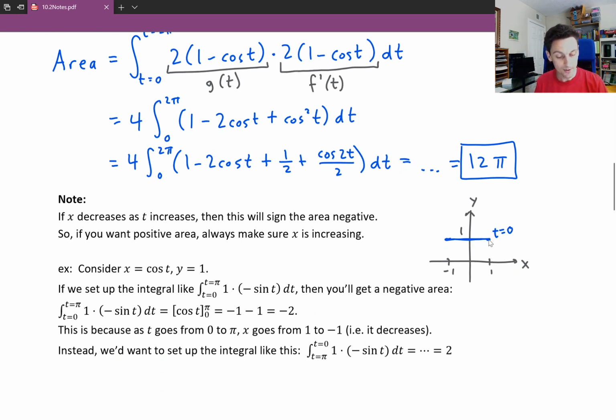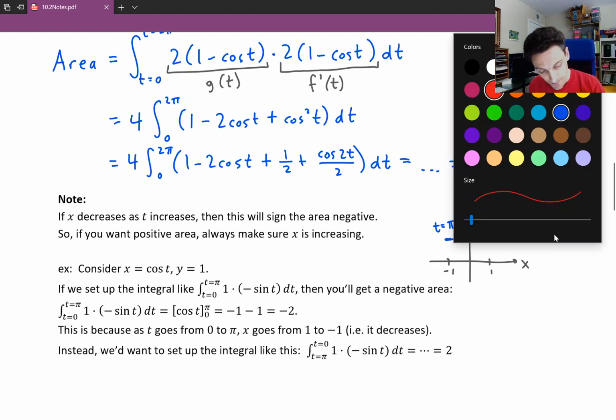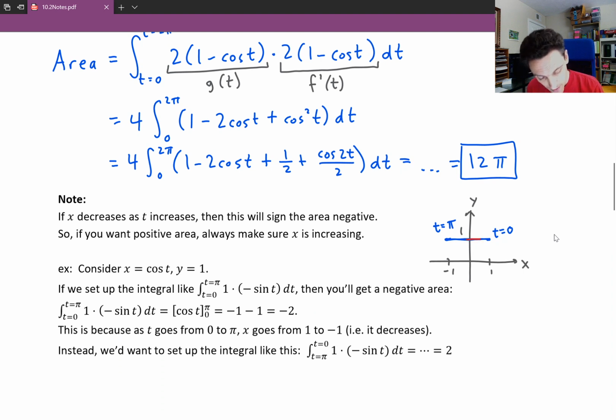So t equals 0 corresponds with the point 1, comma 1. Then t equals pi corresponds with the point negative 1, comma 1. So in this version of the integral, you're actually moving to the left as t is increasing. So that's what caused that negative area under the curve to happen. It flipped the area under the curve to be negative.